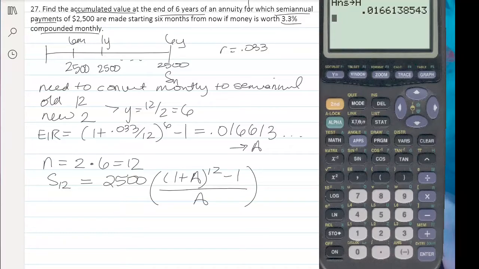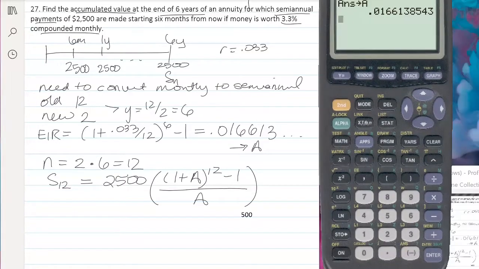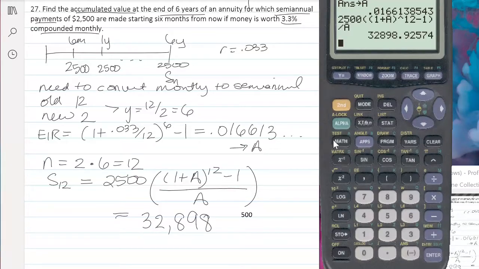So that's a little weird to enter in the calculator, so I'm going to show you how. 2,500 times, and then we need a second set of parentheses because we're doing S sub n, so 1 plus, and then we use our alpha A. So 1 plus A, we raise that to the 12, subtract 1, and then divide that by A. Then this is our S sub n, and we get $32,898.93, because we round again to the nearest penny.